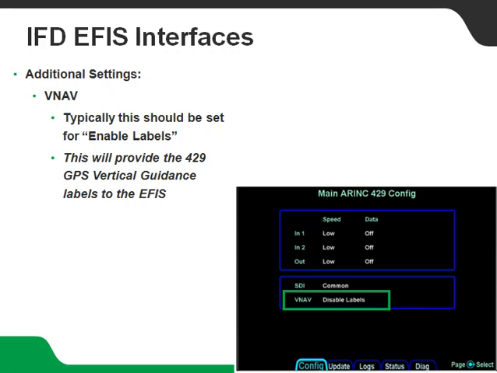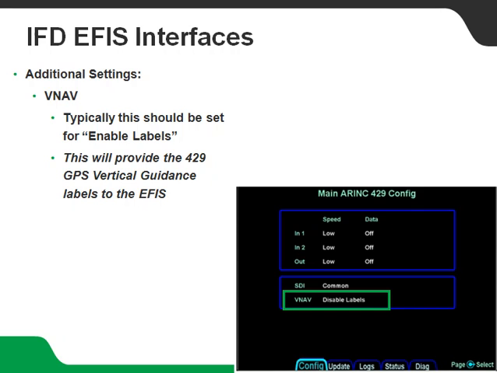So what we often get phone calls about on this particular interface is someone will have gone in, they've done a WAAS upgrade from an old, non-WAAS GNS system to an IFD, and this setting right here perhaps got missed, because the complaint sometimes is I don't have any GPS vertical guidance on my PFD.